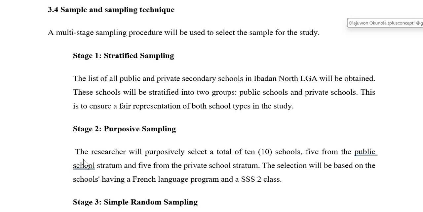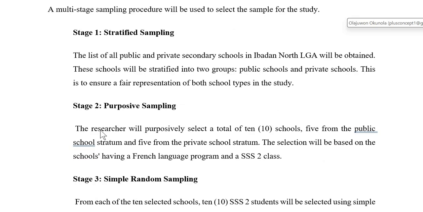So then, stage two, the researcher also introduced what we call purposive sampling. Purposive sampling is under non-probability sampling techniques, where the researcher purposely, intentionally selects some particular schools, not simple random sampling, not by randomization.